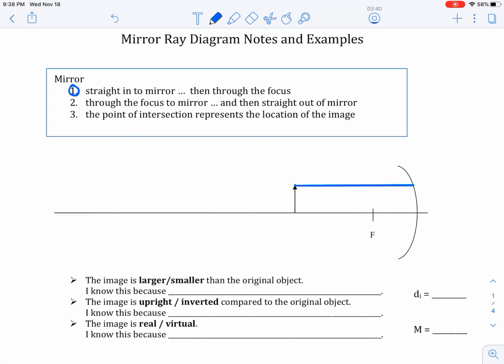If the light doesn't physically travel to that location, you need to ask yourself whether you need to draw the light over there. That's kind of an issue that comes up quite a bit, and it gives the kids some real difficulty with some of these drawings because they're having a difficult time understanding what they are drawing. So when they get to this step, they're not really sure how to execute the through the focus part.